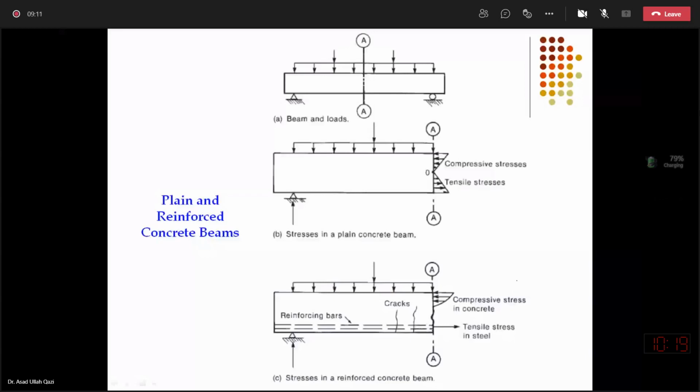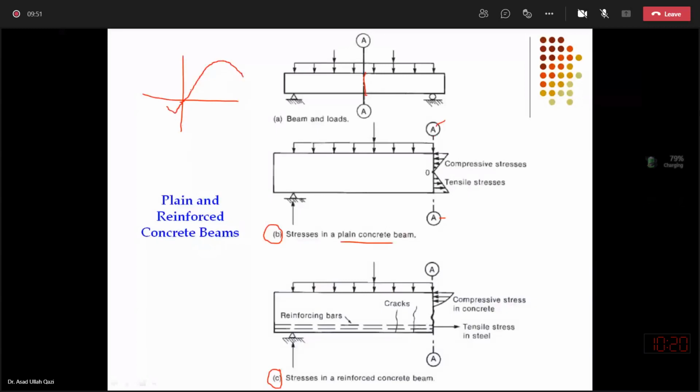In this picture, we are now indicating two beams, the beam in picture B and C. So we can state that the midspan section of this simply supported beam is under evaluation, and at the midspan section AA, if the beam is a plain concrete beam and we are in a very low stress range, the load application is less, so concrete has a compressive stress-strain relation like this, and in tension it has very low capacity and it will fail.